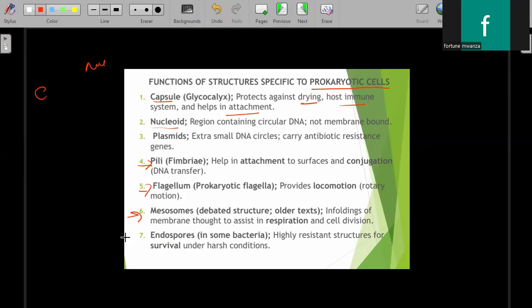Endospores give bacteria the ability to survive in harsh conditions like high temperatures and very acidic conditions. The bacteria will usually survive in such harsh conditions because of these endospores. So those are some of the parts you are going to find in prokaryotes, but you are not going to find them in a eukaryote.